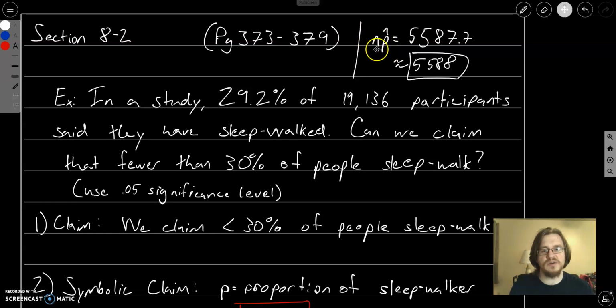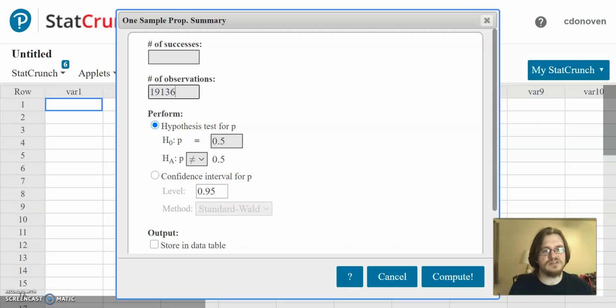This is the number of participants times the percentage of people that said that they sleepwalked, and that gave us 5,588 people who said that they sleepwalked. So we can punch this into our calculator.